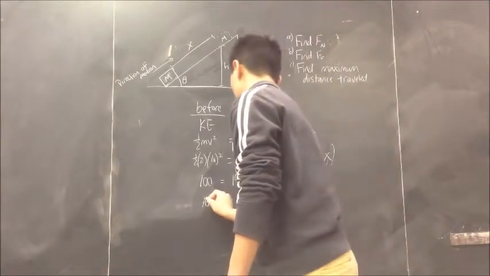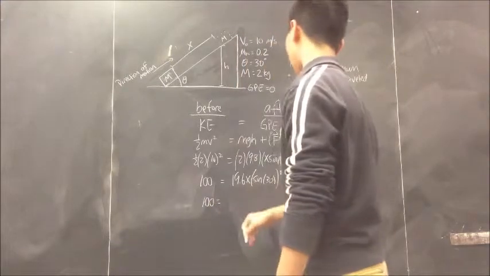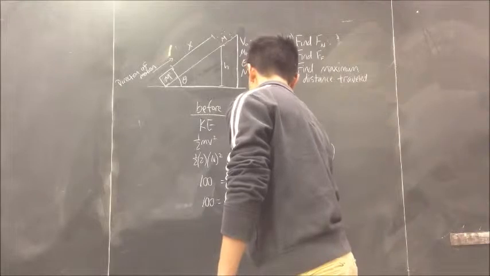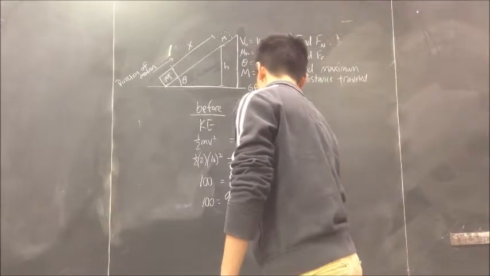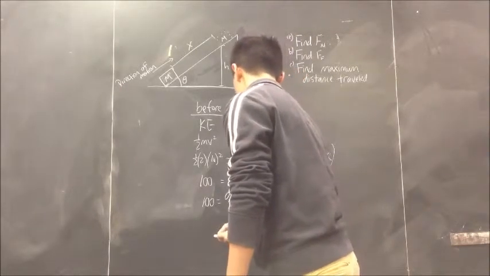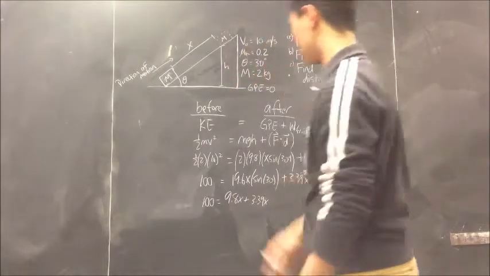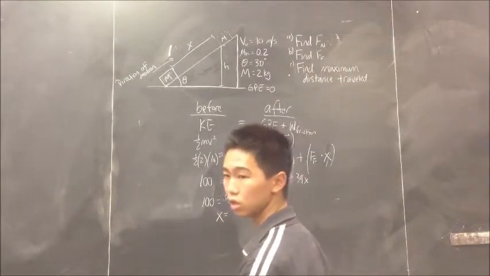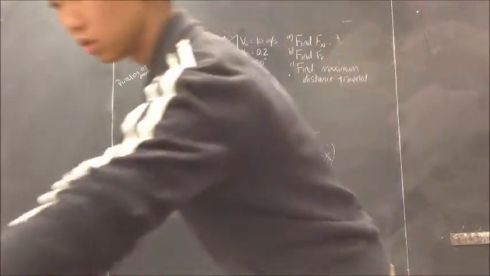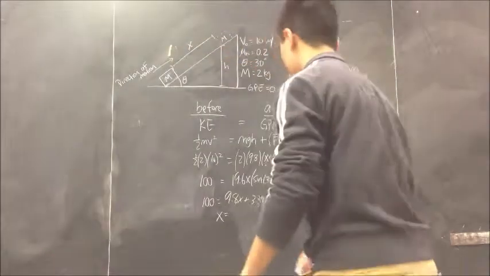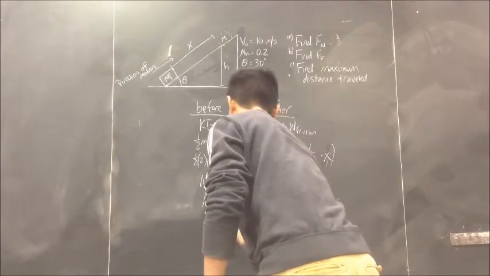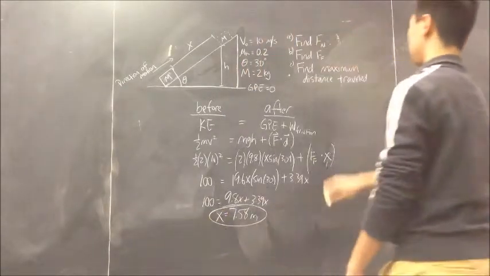So 100, sine of 30 is just 1/2, 1/2 times 19.6 is 9.8. And you can just do the algebra from here, but in the end you find that x equals 7.58 meters. And that is the answer to C.